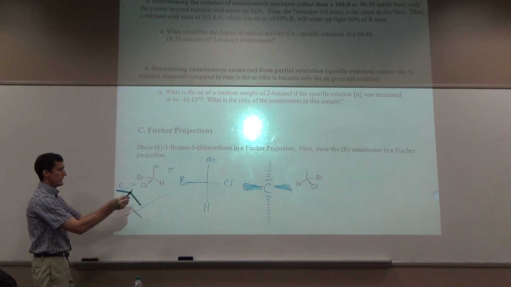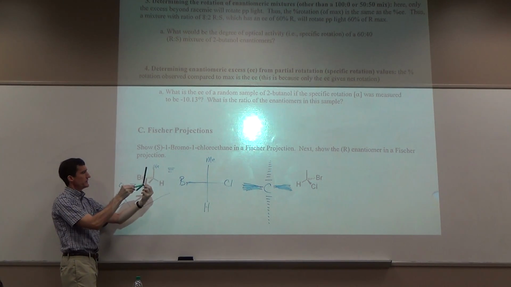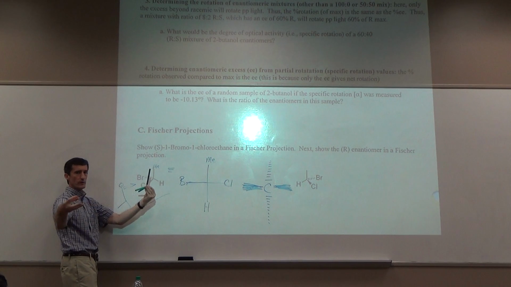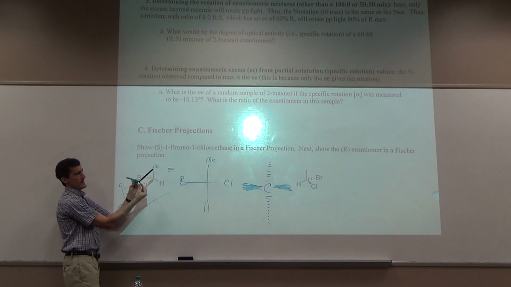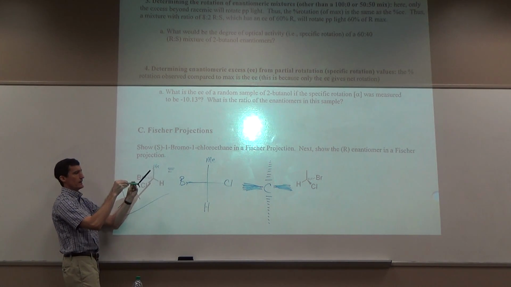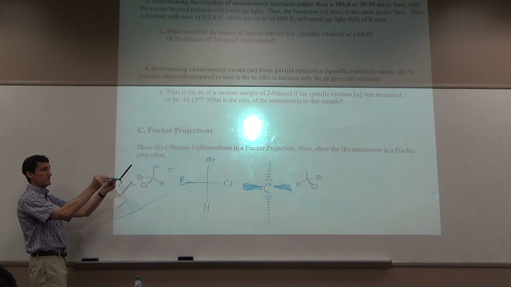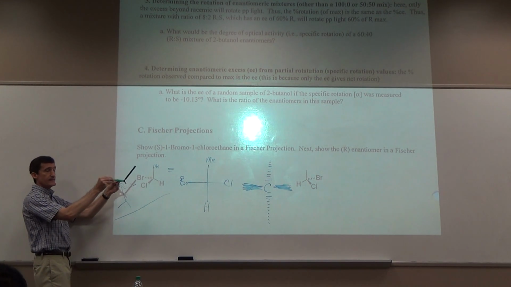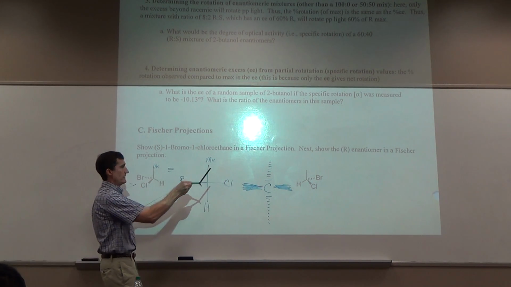Let's look at it like this again. Methyl going up, H here, chlorine, bromine. Now, I'm going to turn this a little bit like this, so that's going up and back. The H is going down and back. There it is on the board. I just drew what I see. So this is over here, turn.